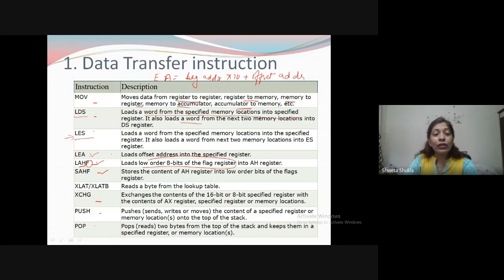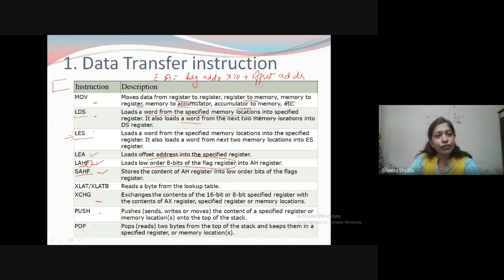So only AH will be loaded by the lower order of the flag register. Similarly, SAHF means store AH into the flag register, which is just the opposite of LAHF. That means you store the content of the AH register into the lower order bits of the flag register. Both LAHF and SAHF are just opposite to each other.